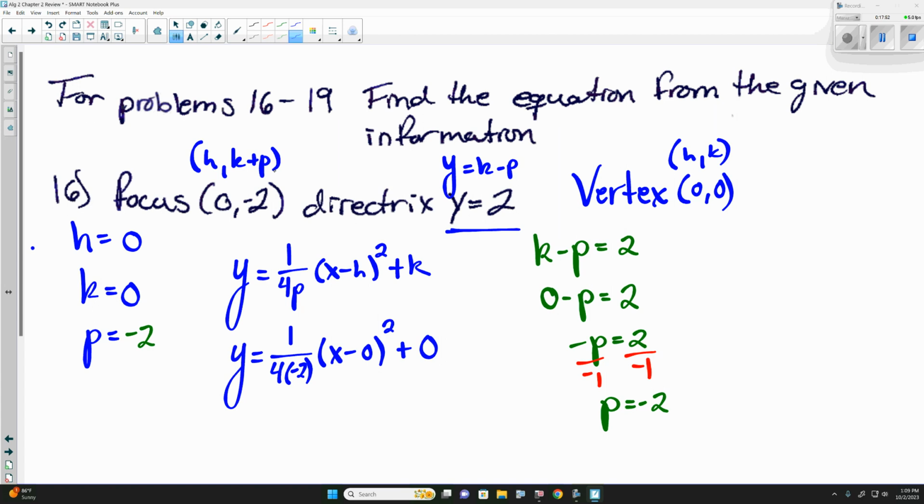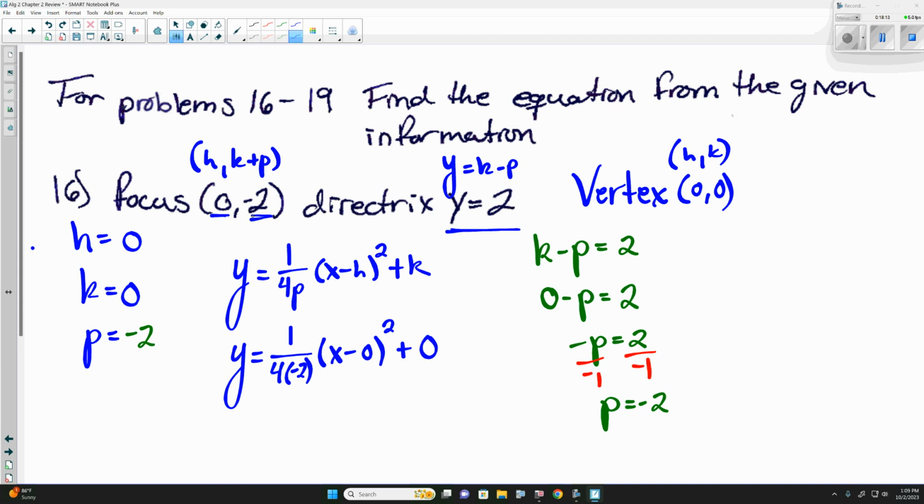Because the focus for this here is h comma k plus p. And if we were given the focus and the vertex, we could do that because we noticed that the first value is still the same, so it's still h. The other value, k for our vertex, is now changed from 0 to -2. We've added a value to it, so we'd have this here.